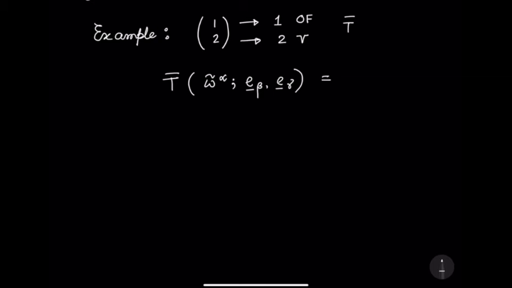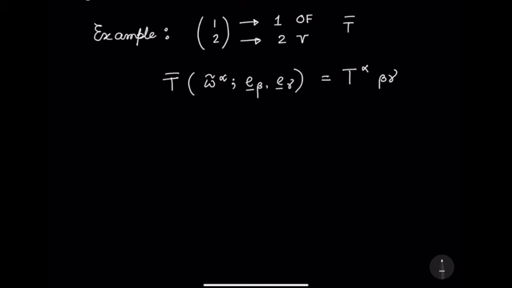This essentially is the alpha, beta, gamma component of T, and that will have alpha upstairs and beta, gamma downstairs. Remember, if it was a one form, it will take a vector. So I will not have W alpha, I will not have E gamma. I'll take only E beta as input and it will give me T beta as the component.